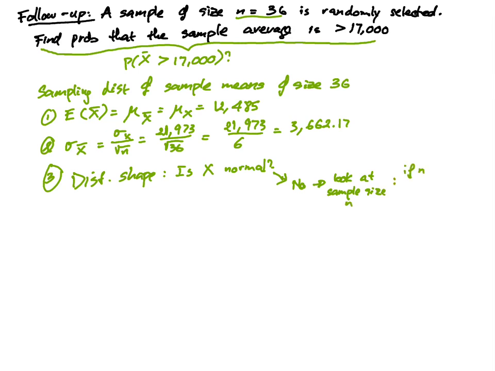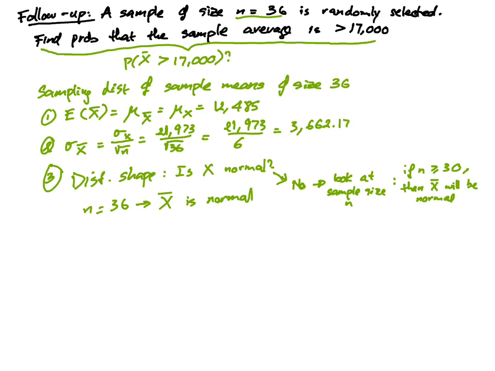If n is greater than or equal to 30, then x bar will be normal. Okay. Here we have a sample size of 36, which is greater than 30, and so x bar is normally distributed.